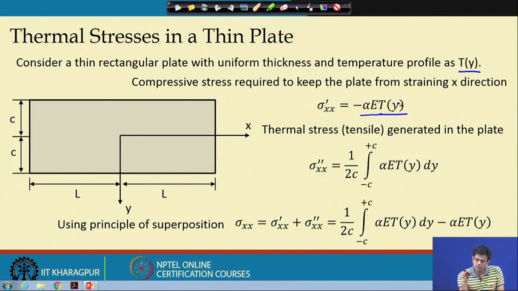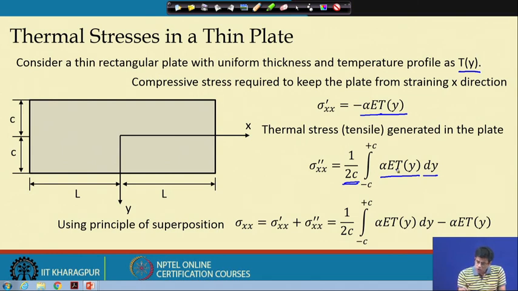So, the thermal stress, that is tensile, obviously the opposite stress, will be generated in the plate, has to be integrated from minus c to plus c, and then if we divide per unit thickness, then this stress is the integral of this quantity into dy, because temperature profile is variable in y, per unit width of the plate.